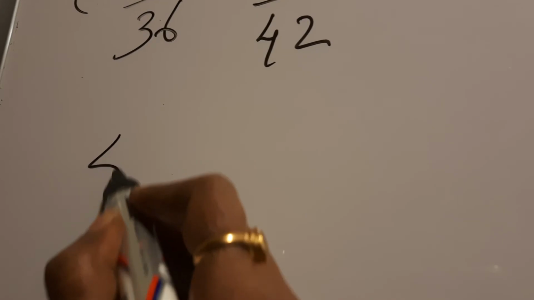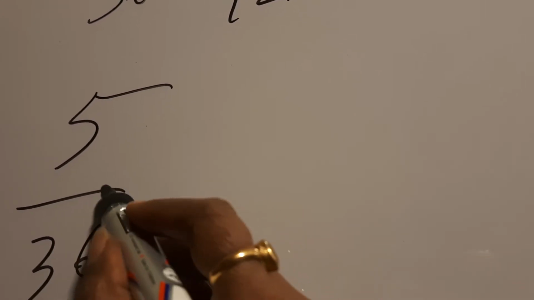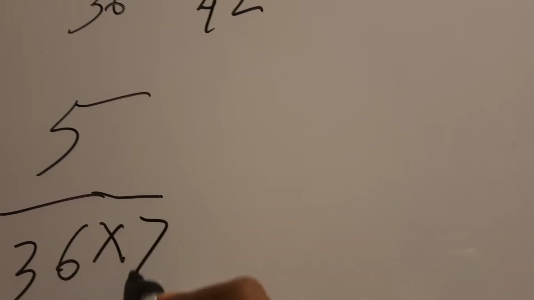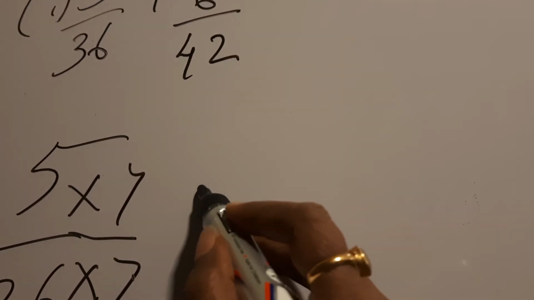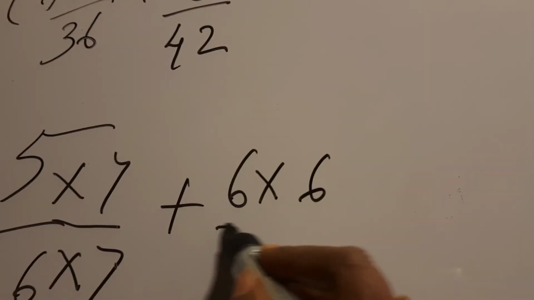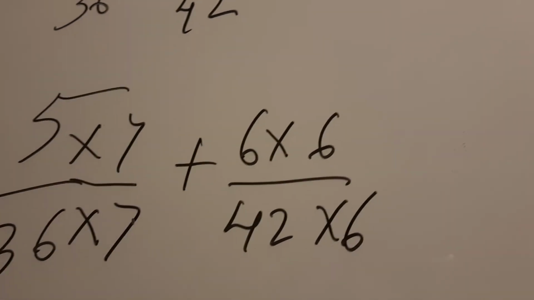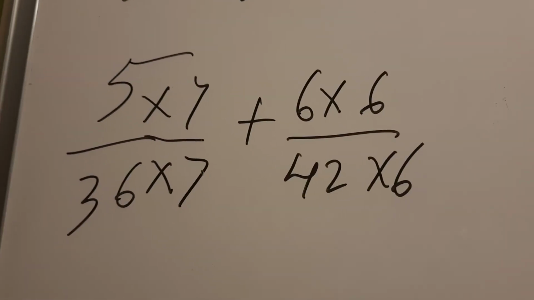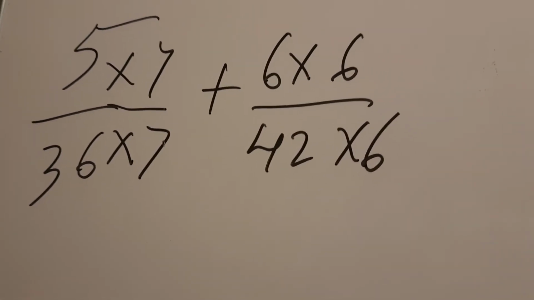So here, 5 upon 36 into 7 upon 7, plus 6 upon 42 into 6 upon 6. 36 into 7, only once we have to multiply.